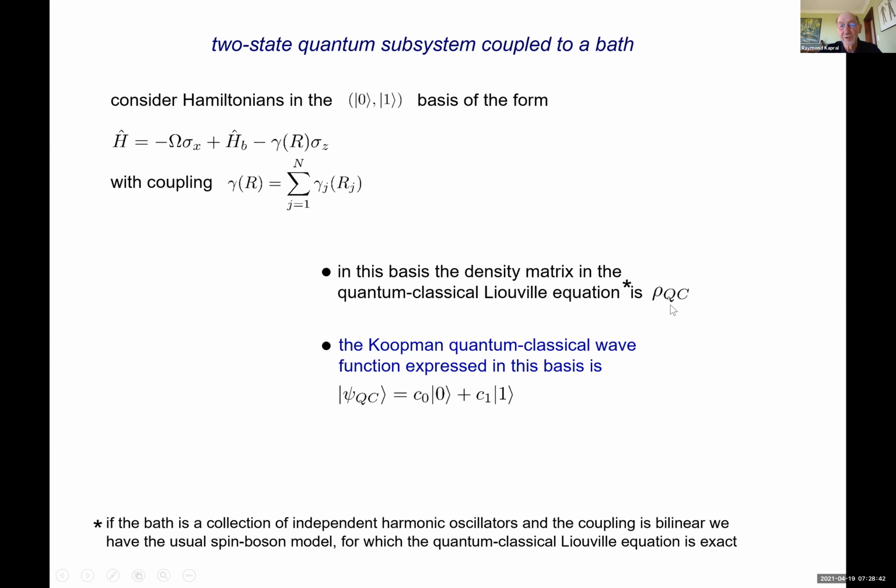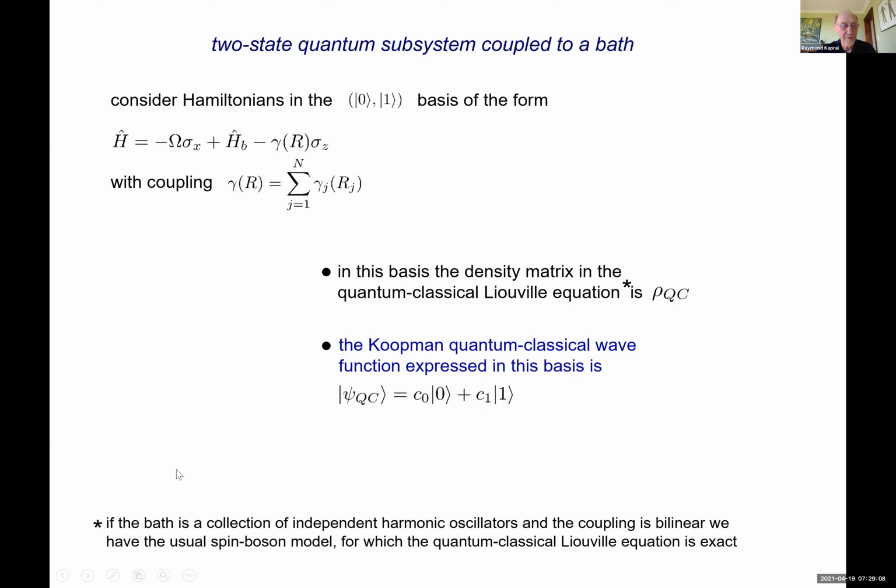And just for notation, for the quantum classical Liouville equation, my rho QC just doesn't have a hat on it, but you should think of it as a matrix in this basis. And similarly, the Koopman quantum classical wave function is expanded in this basis, and I'm denoting the coefficients by C0 and C1 that are functions of the phase space coordinates.